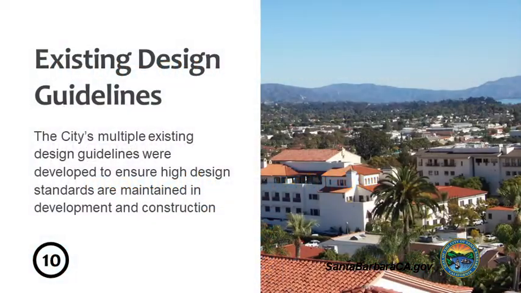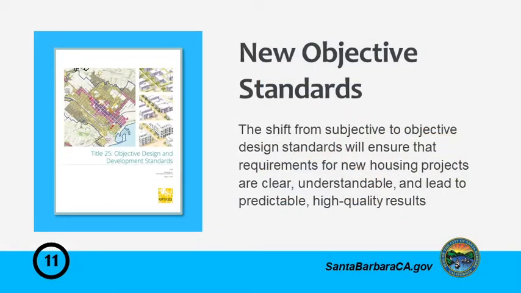The city's multiple existing design guidelines, which require personal judgment and interpretation, were developed to ensure high design standards are maintained in new developments. The shift from subjective to objective design standards will ensure that requirements for new housing projects are clear, understandable, and lead to predictable, high-quality results.